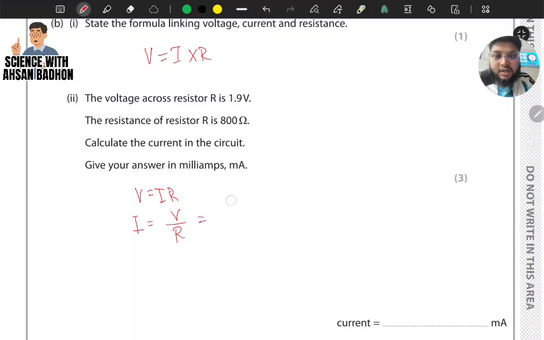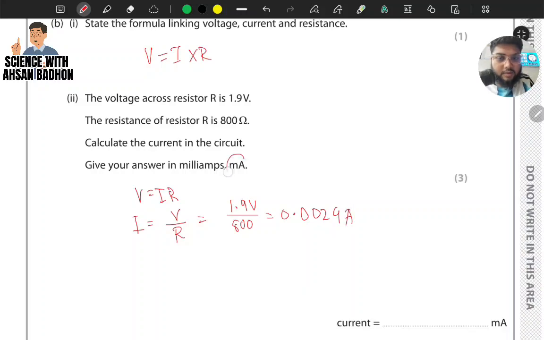The voltage here is given as 1.9 volt across R, and the resistance of R is 800 ohm. So the answer we will get is 1.9 divided by 800, which should give us 0.0024 ampere.